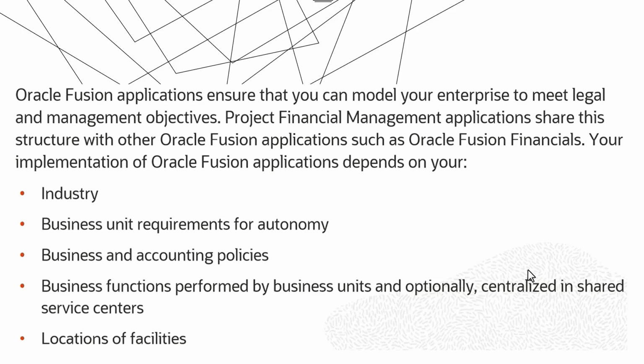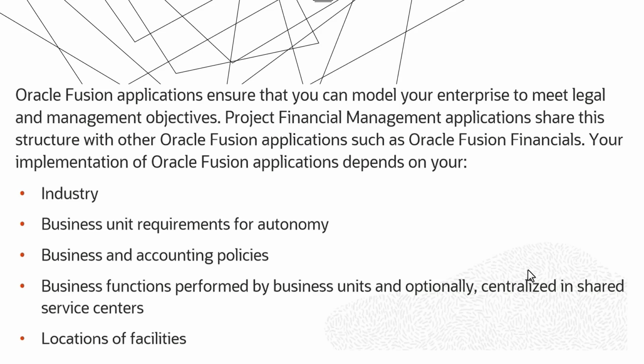And obviously, for project financial management as well as execution management, you require these components. So you can model your organization into Fusion using this enterprise structure. It is very, very important, the organizational structure in the context of Fusion, and particularly from the PPM Cloud point of view. We will go into the details in the next lessons.